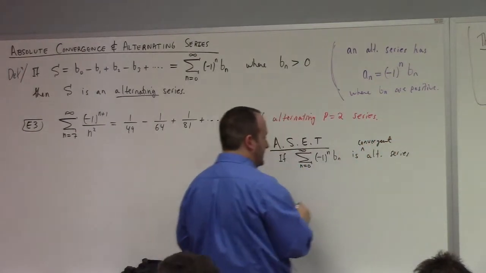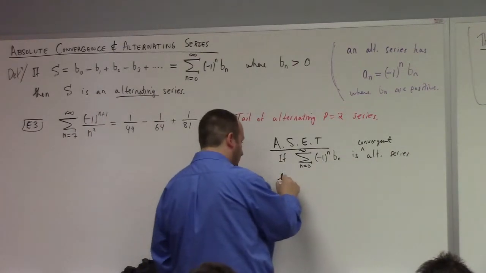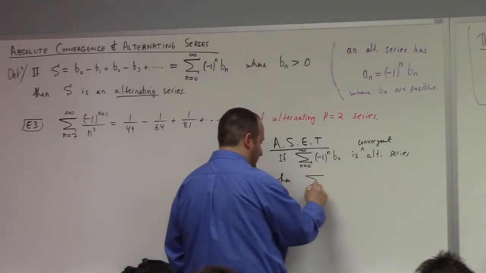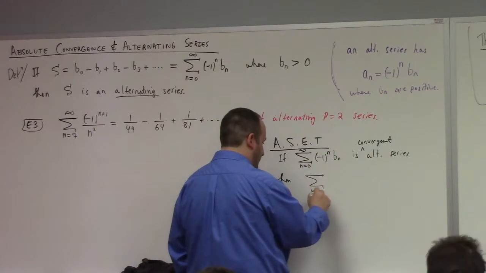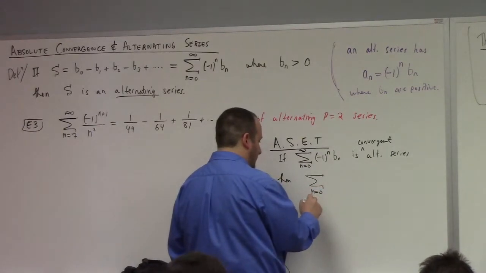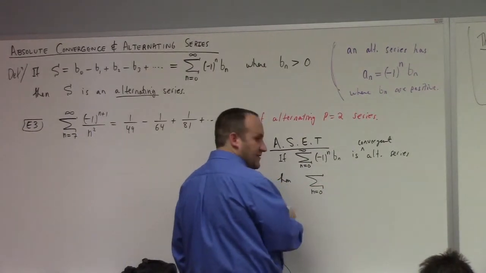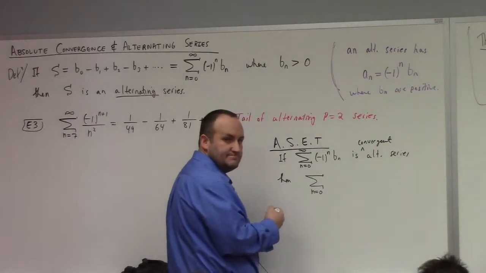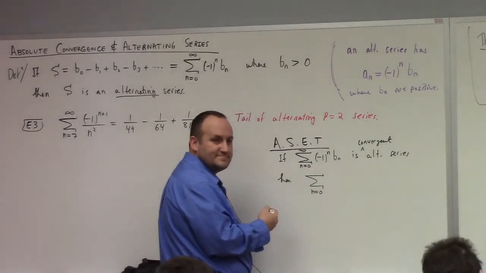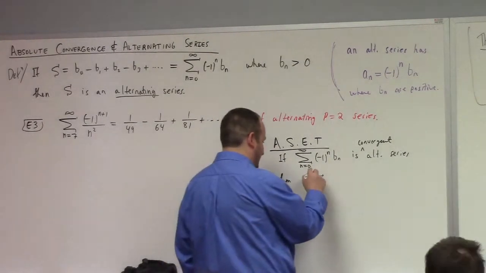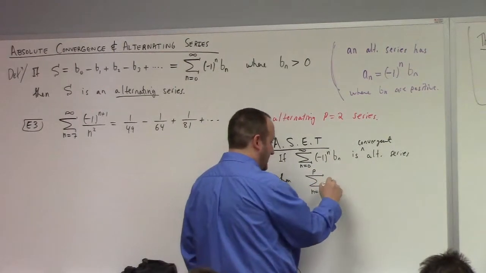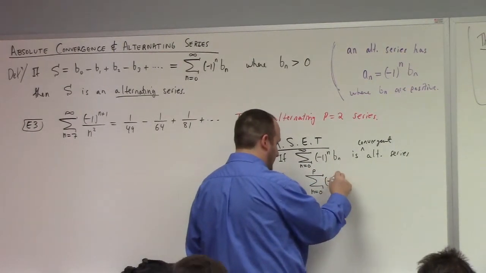A convergent alternating series, then if you take the sum n equals 0 to, you guys pick a letter, any letter. What do you want? P? All right, sure, why not? P, minus 1 to the n, b sub n.